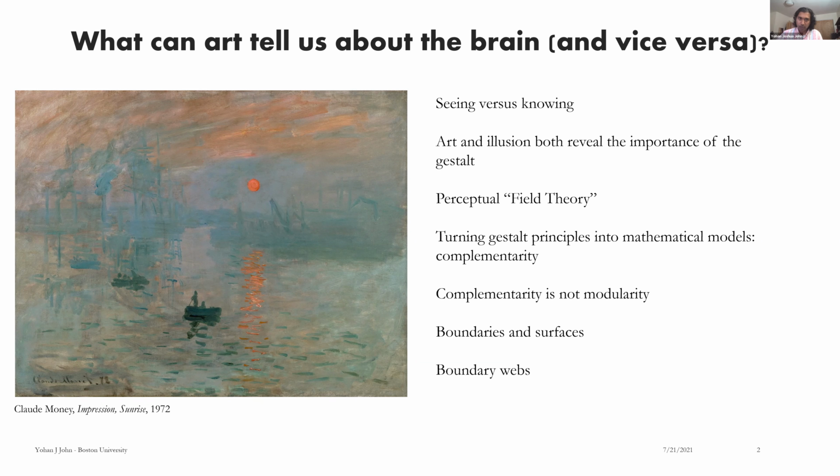We'll talk about boundary webs, and maybe ask the question, if not answer, why do kids draw the way they do, as well as certain groups of people who used to be called primitive, but I won't use that word except with scare quotes. If we have time, we'll get to that, and maybe if we really have time, I'll end with some connections with Taoism.